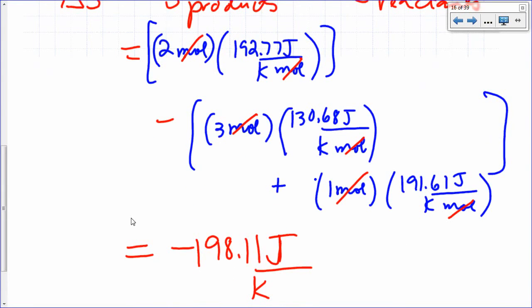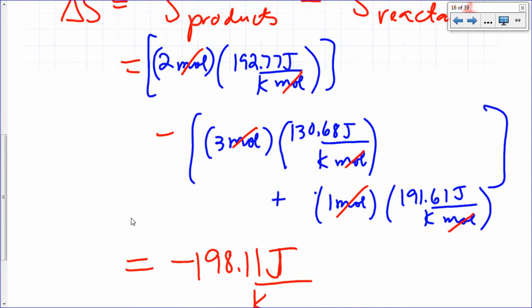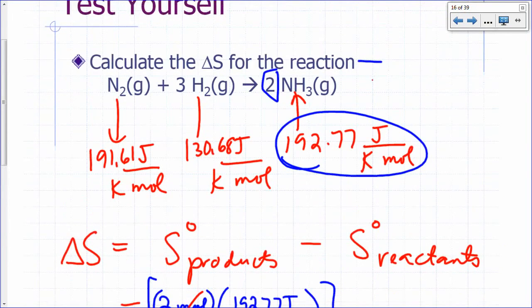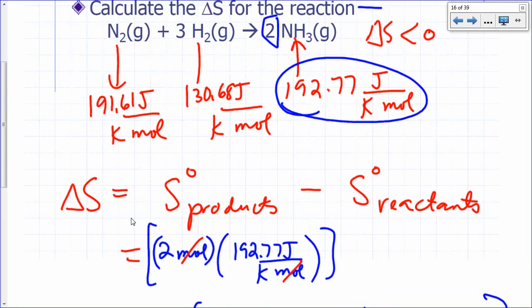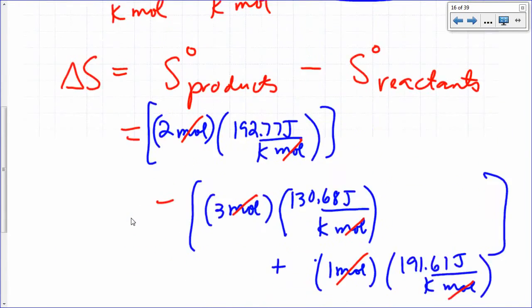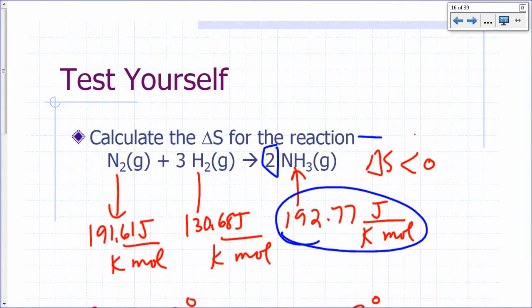So negative 198.11 is the delta S for your reaction. You got that? The delta S for this reaction is negative 198.11 joules per Kelvin.